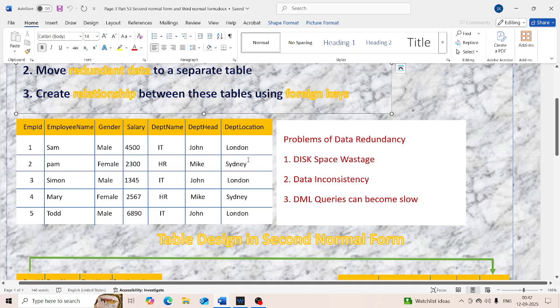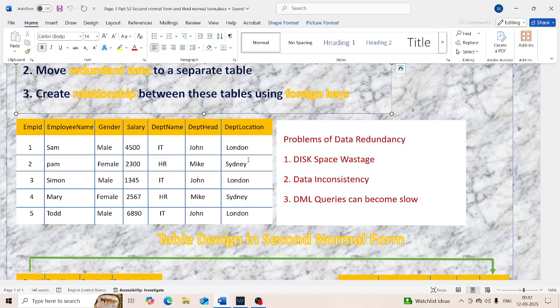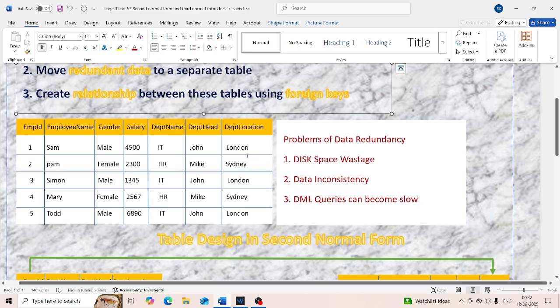So obviously, what is the problem here? This data is redundant.